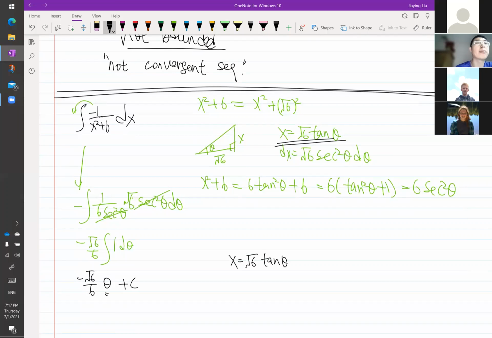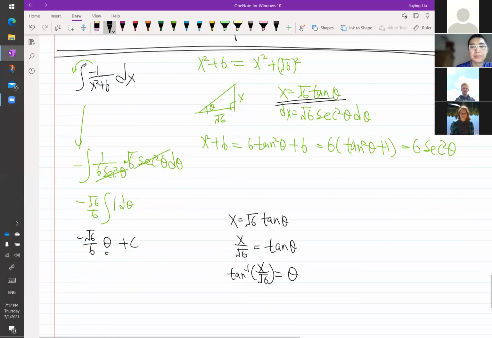Or you can look back at the right triangle. From here, we want to solve for theta. So x over square root of 6 is tangent theta. Then I can take inverse tangent, or arctan, on both sides. So you get inverse tan of x over square root of 6, and that's equal to theta.